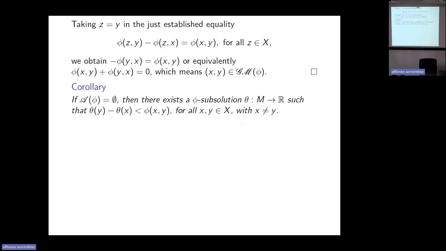So in particular, if the Aubry set is empty, then there exists a phi subsolution such that theta y minus theta x is strictly less than phi xy for all xy with x different from y.